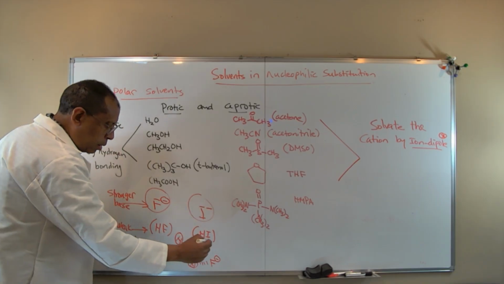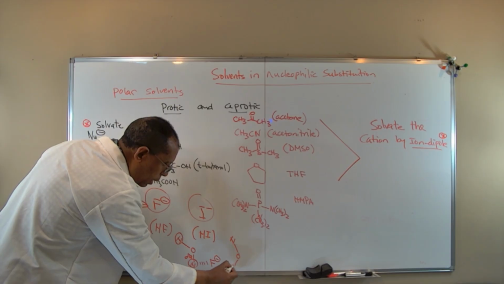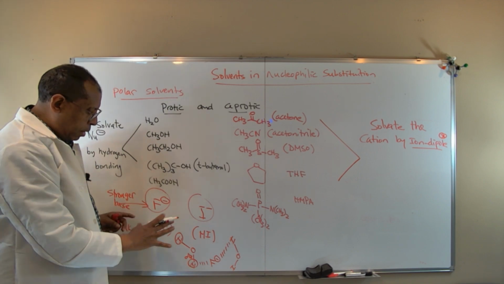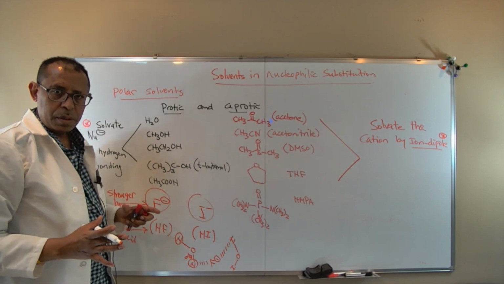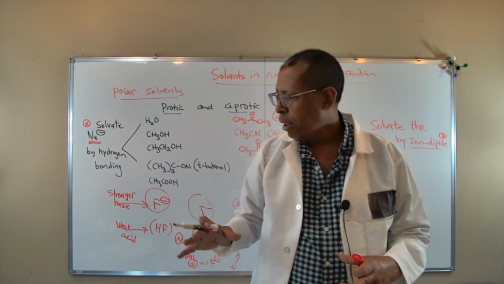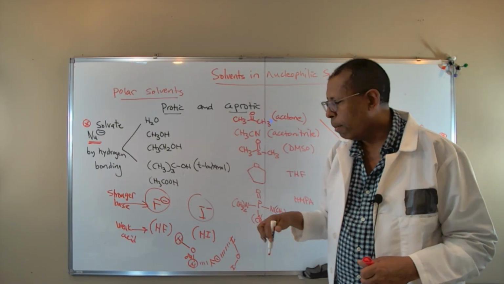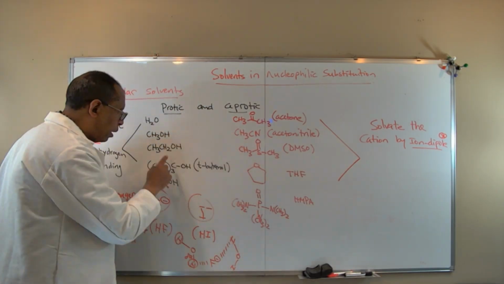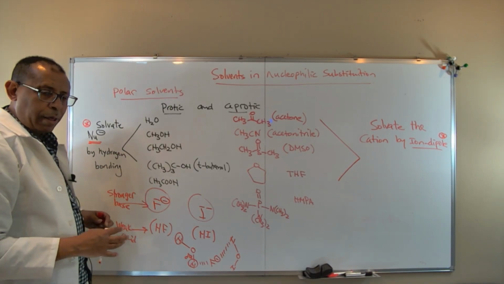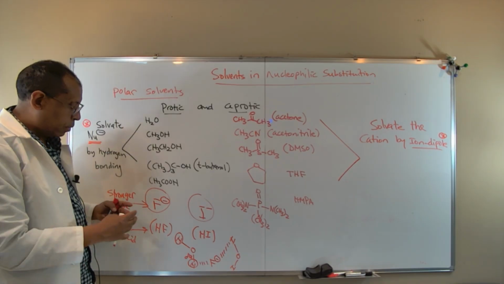If another water molecule also hydrogen bonds with the fluoride, the fluoride is not available as a nucleophile. So the nucleophilicity of a fluoride anion, even though it's a stronger base, is diminished by the possibility of hydrogen bonding with the solvent. Clearly you can see the effect of solvents on the nucleophilicity of your nucleophile.